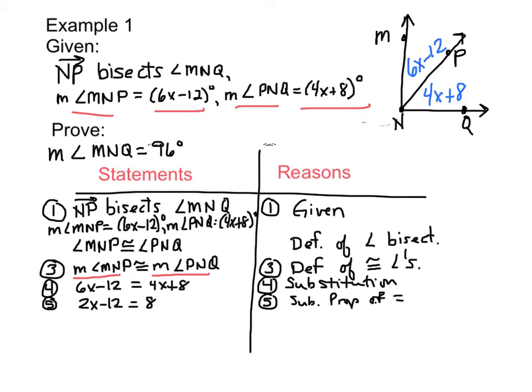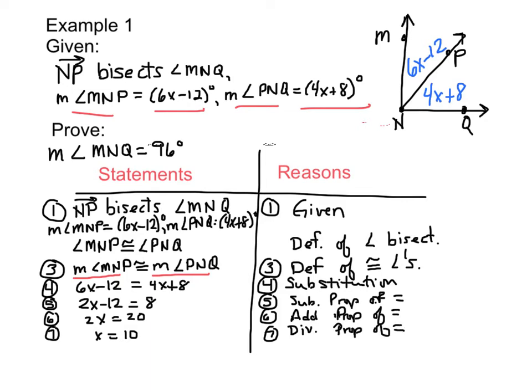The next step, 6, we have to add 12 to both sides. So you get 2x equals 20. Why'd we do that? Because it's addition property of equality. 7, divide both sides by 2. We used division property of equality.